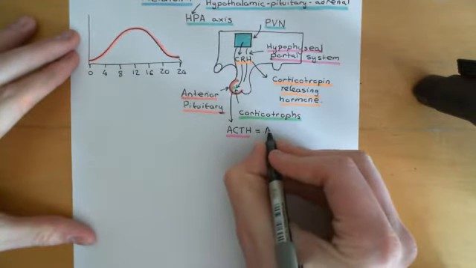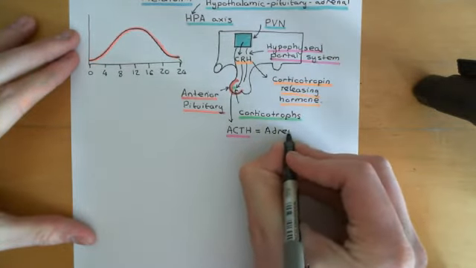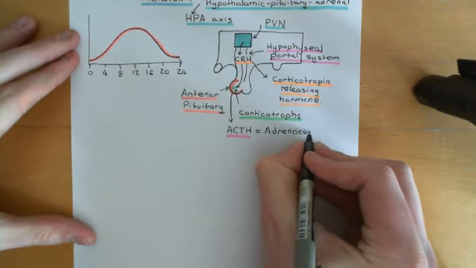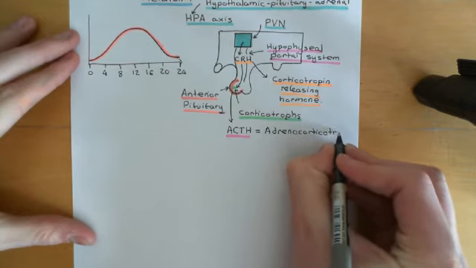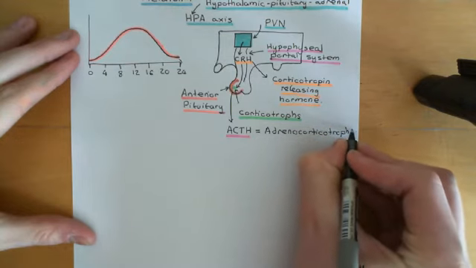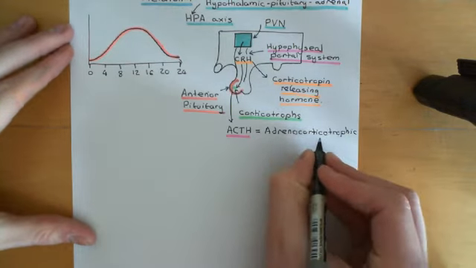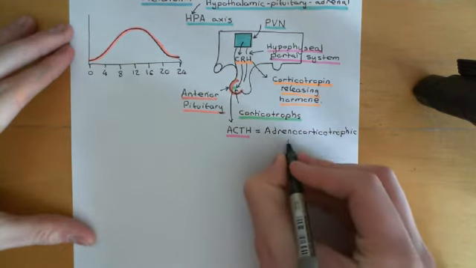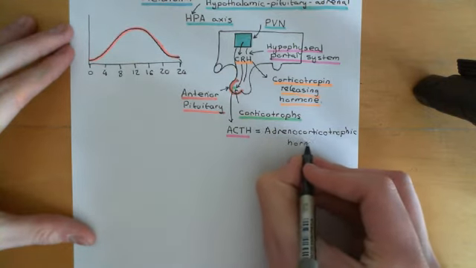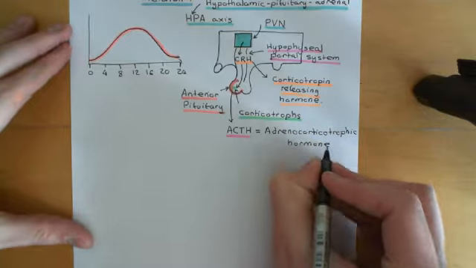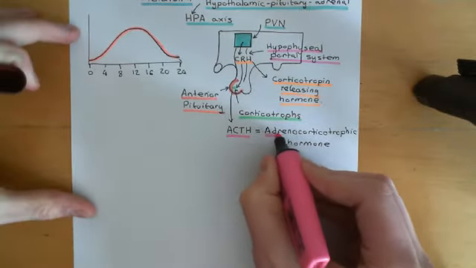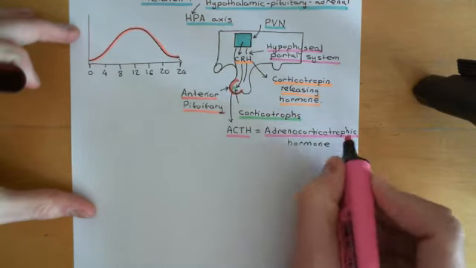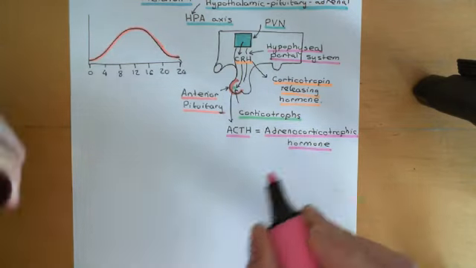Okay, and this hormone stands for adrenocorticotropic hormone. So adrenocortico, and then the T is for trophic hormone. So the A is adreno, the C is cortico, and the T is for trophic. And then the H is for hormone. So ACTH, adrenocorticotropic hormone, is going to be released into the blood by the corticotrophs of the anterior pituitary.